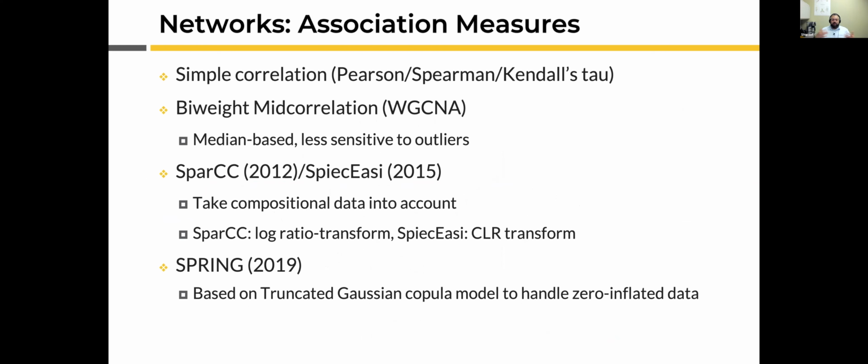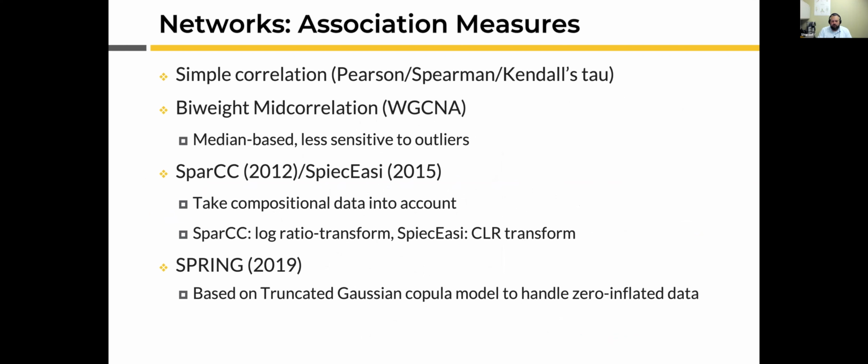Speaking of which, constructing the network, there are different ways to do that. These are generally split up into association measures on the one hand, and these typically are correlation related. For example, you can create a basic network by simple correlation metrics.